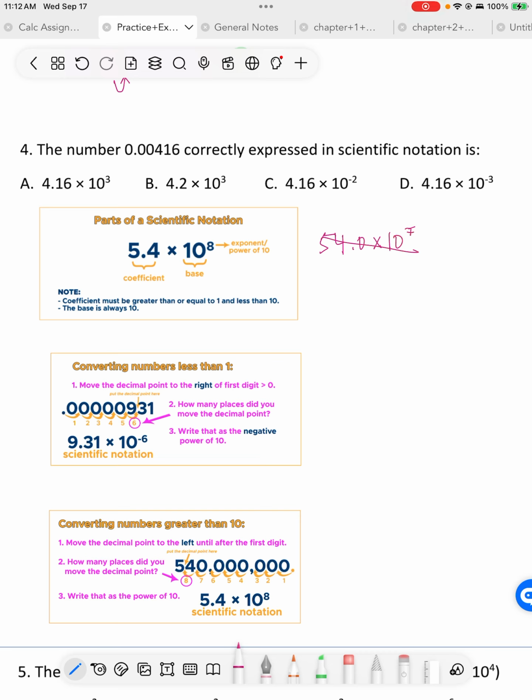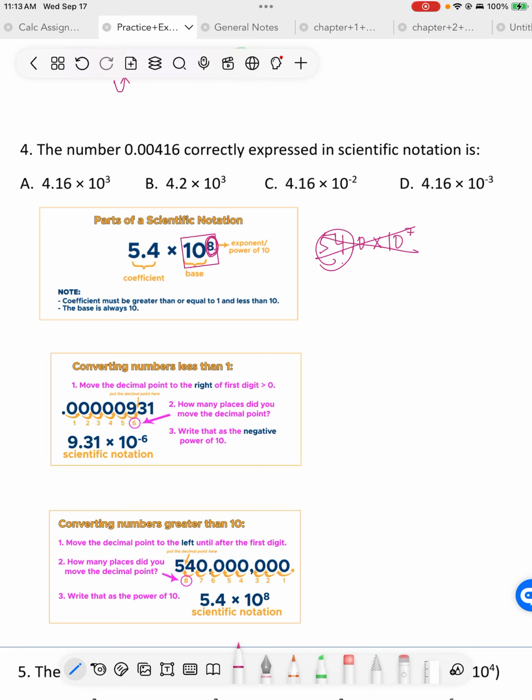That's wrong, because 54 is greater than 10. So it has to be less than 10. This is your base and your power. The base is always 10, and the only thing that will change is our power. And it's going to change according to how many times we move our decimal place.